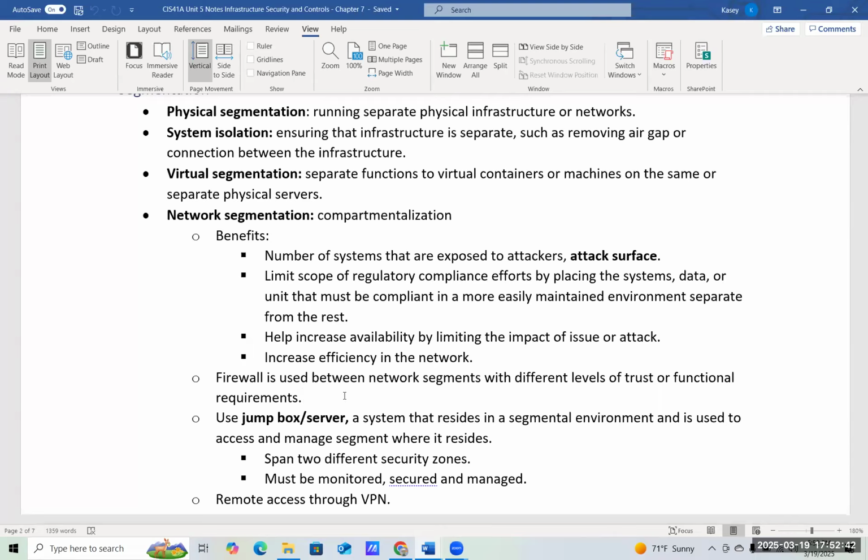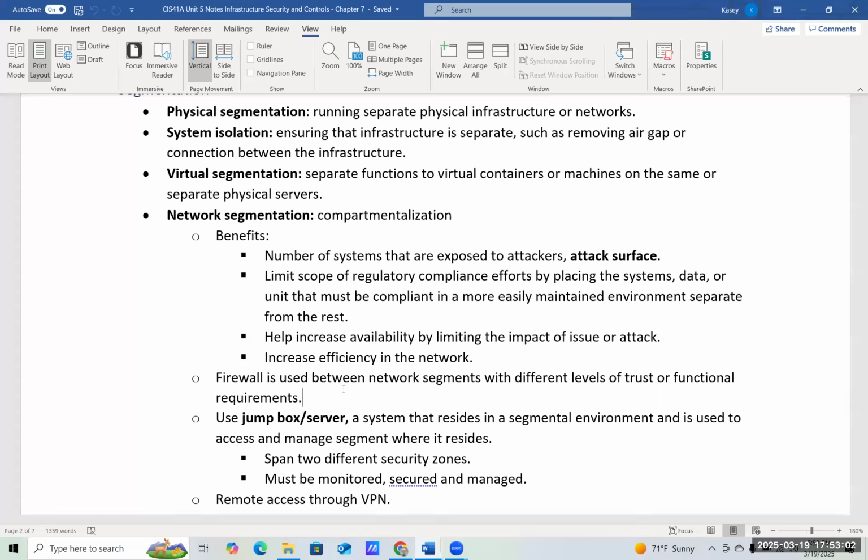Think about the DMZ, a separate side of the network that's public facing. If you don't place a firewall there, anybody can come through that side from the internet, and we don't live in the 1990s, right? We live now in the present where we have the technology to implement that.